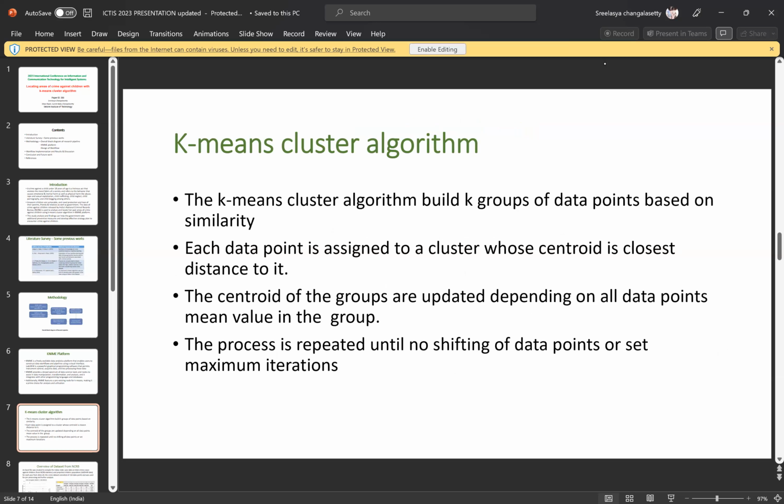So the way it works is it builds a cluster of K groups on data points based on similarity, using their Euclidean distance. And the centroid of each group is updated depending on all the data points' mean value in the group. So that's just a brief overview of the algorithm.